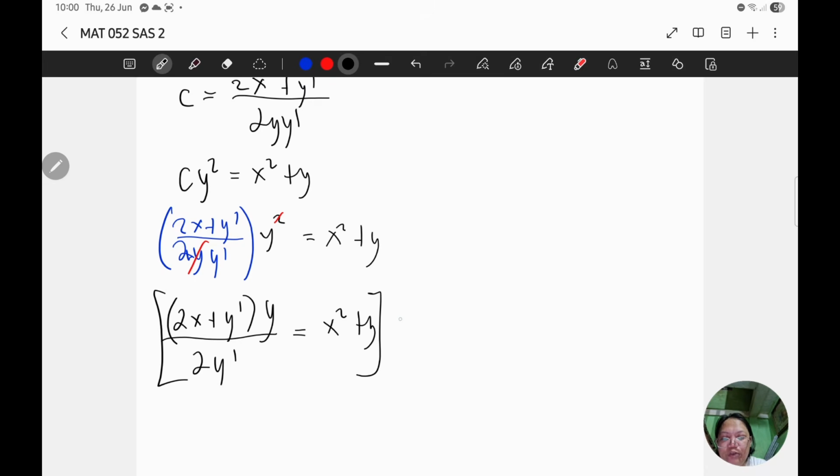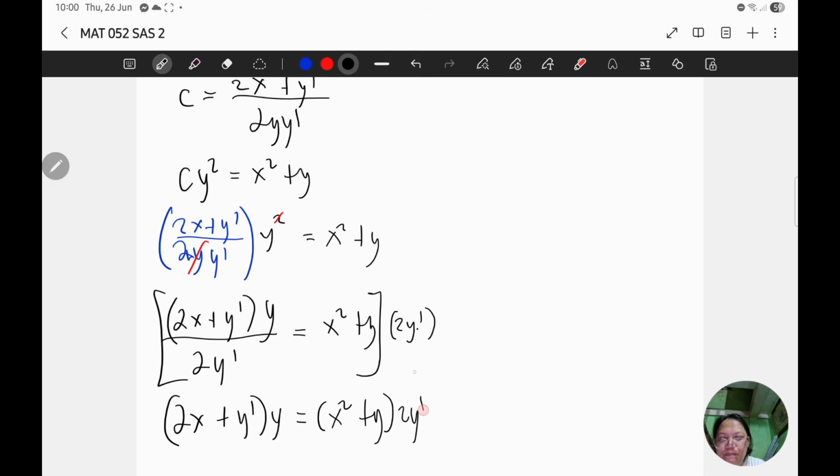So, we will multiply the equation by 2y prime. So, distribute. This will be cancelled out. So, only 2x plus y prime times y. Then here, multiply. So, x squared plus y times 2y prime. Distribute.